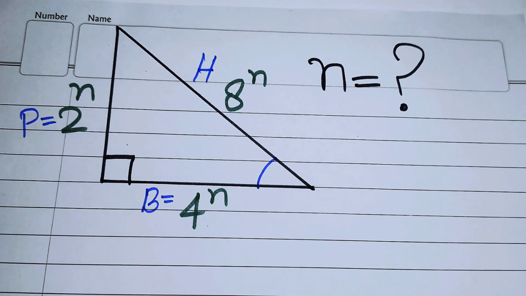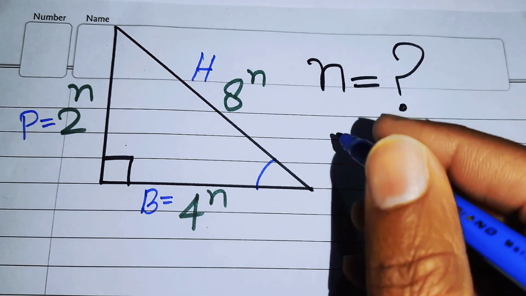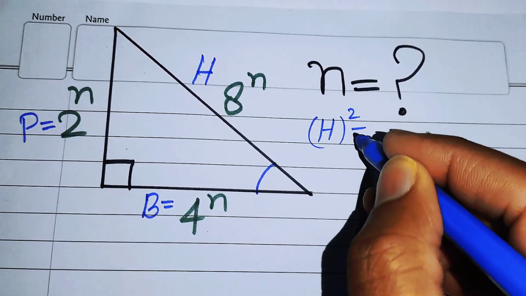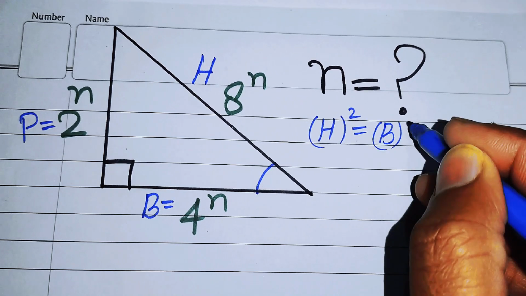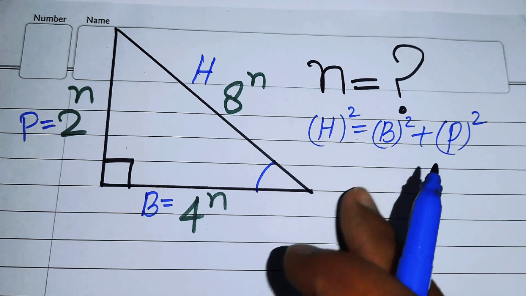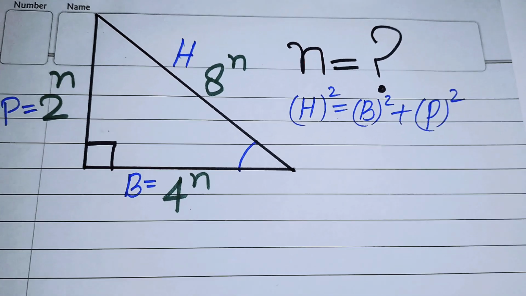And we know what the Pythagorean theorem is. The Pythagorean theorem is stated as hypotenuse squared equals base squared plus perpendicular squared.